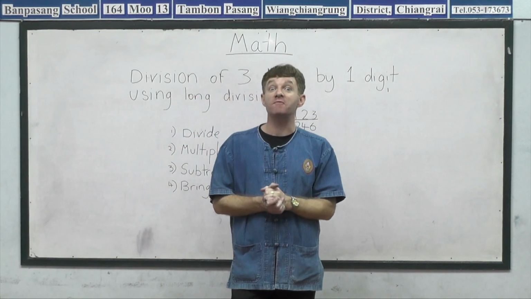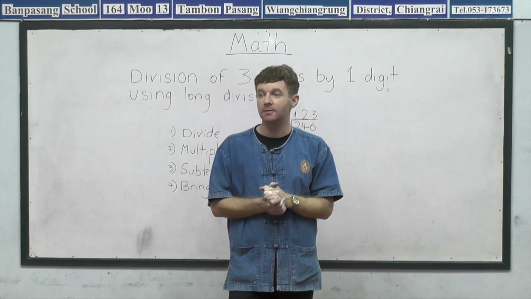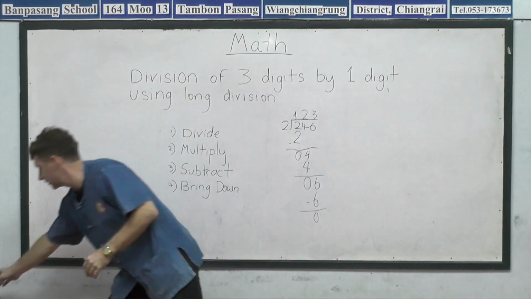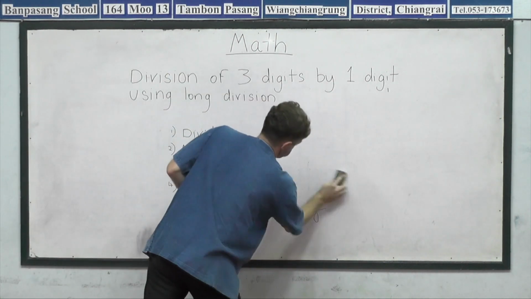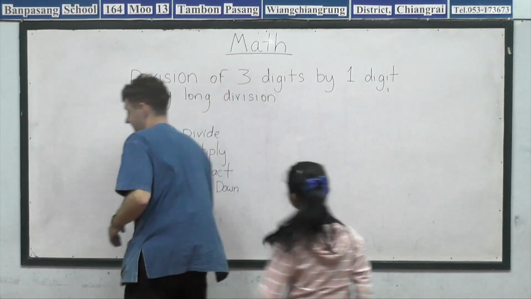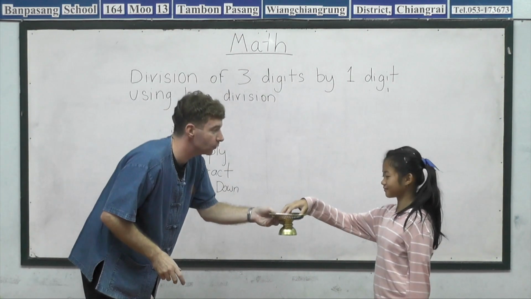Okay, and we have invite one more student forward to do a problem for us. Who would like to come down? Come and join me. I will rub out this problem and then we'll do our next one. Okay, so can you choose and show your friends?